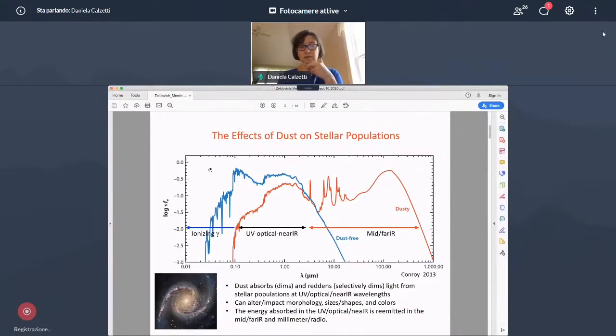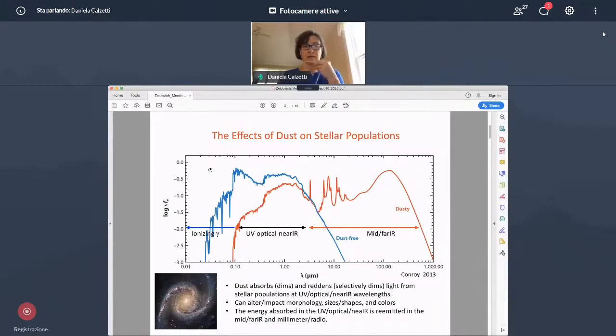Let's remember that whenever we conduct measurements, usually we observe galaxies or stars or other subsets of emitters. And in the electromagnetic bands that we usually target, dust plays an important role.